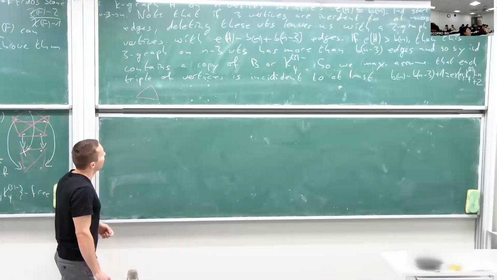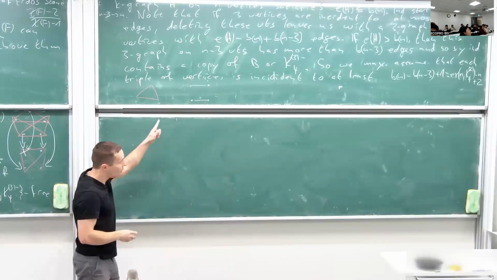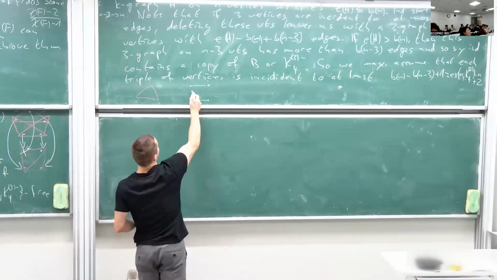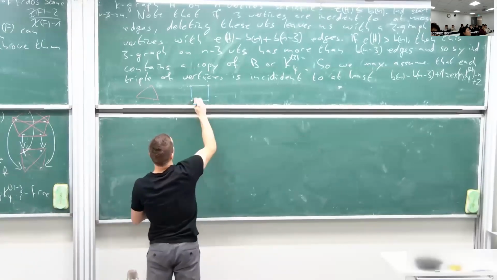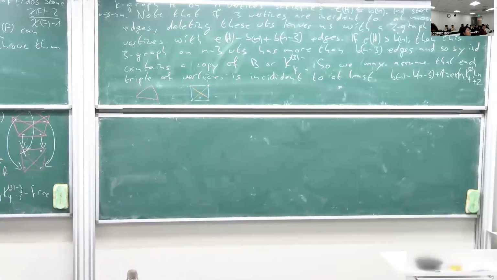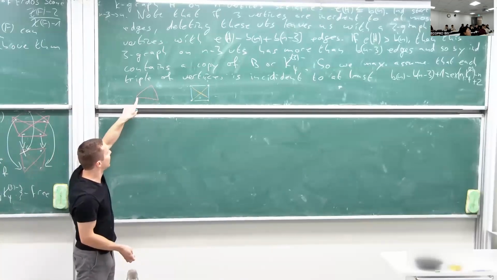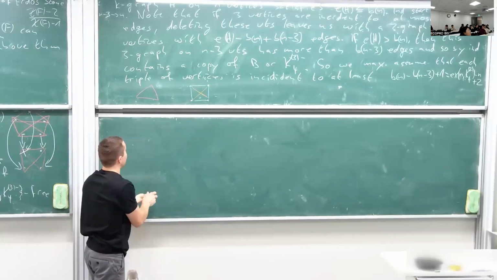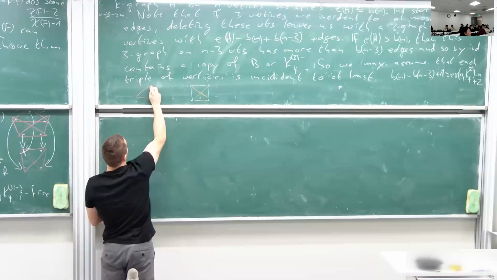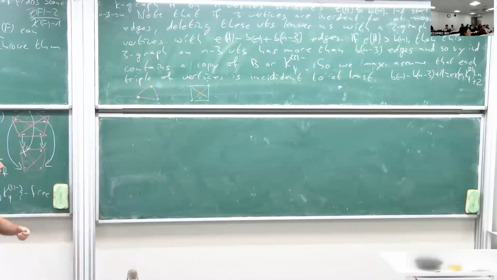Note that if we can find a K4 where the three different matchings that we have in there belong to the links, maybe the blue belongs to the link of that vertex, the orange one to the link of this one, and the white one to the link of this vertex.